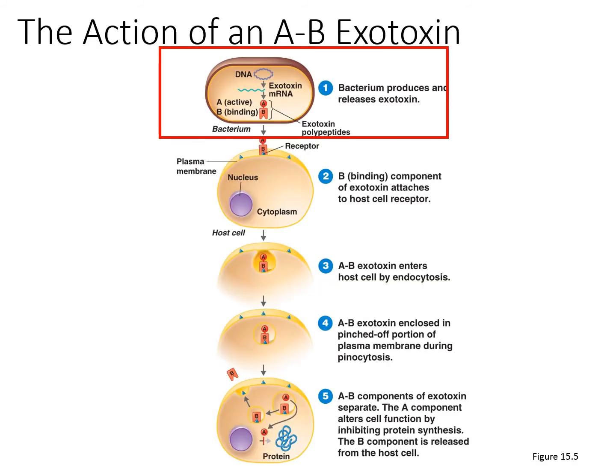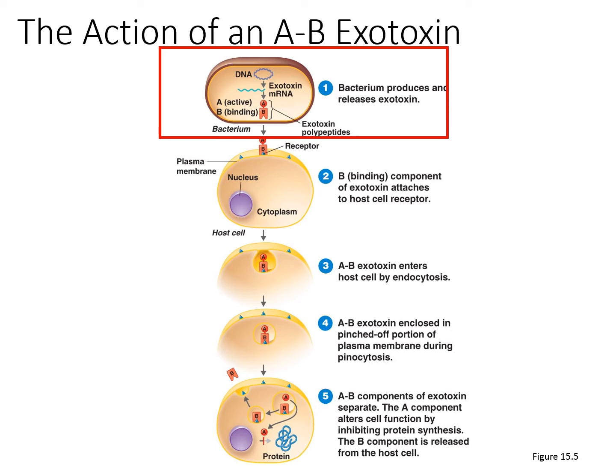When we talk about exotoxins, we can group them into 3 groups according to their functions or activities. The first group are called the A-B exotoxins, and they're illustrated on the next few slides. So if we look at figure 1 here, what we're looking at is a bacterial cell.